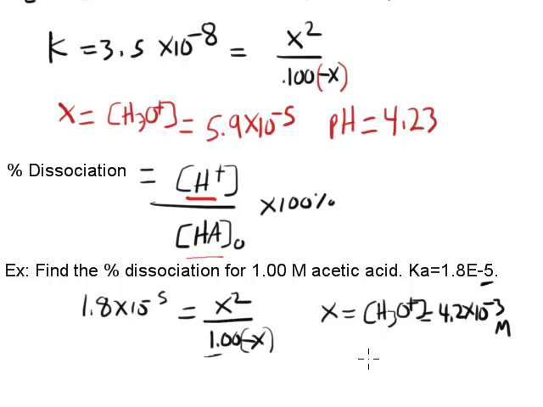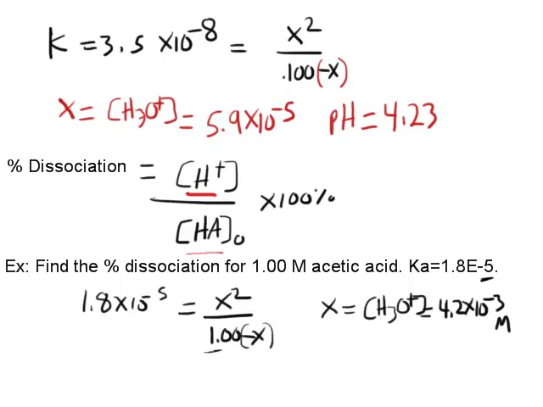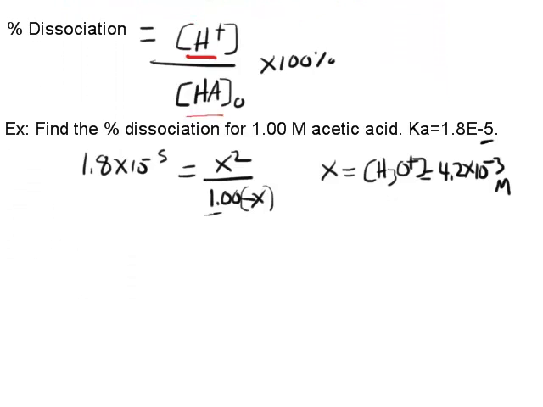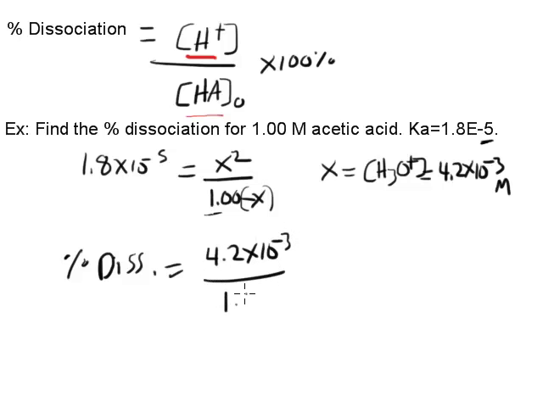And so when you find your percent dissociation, it's going to be our x value, our H plus, our hydronium value, all over the initial concentration originally before it dissociates at all times 100. So that is going to be 0.42% dissociation.